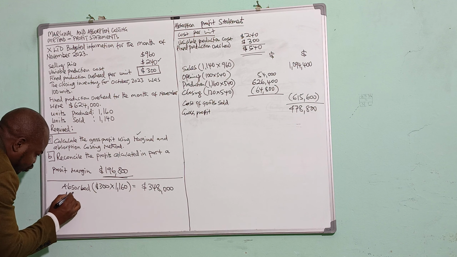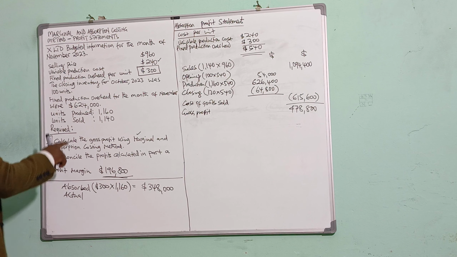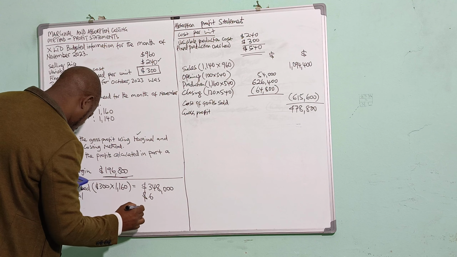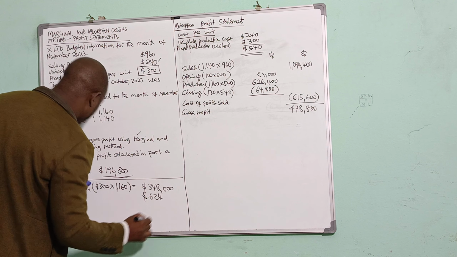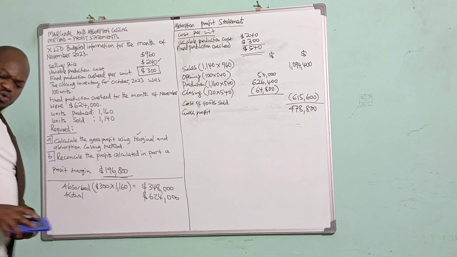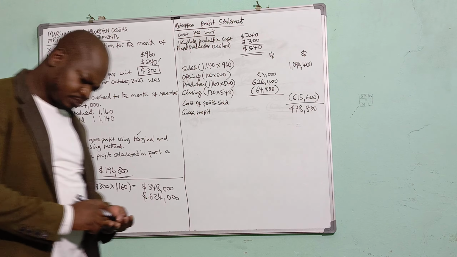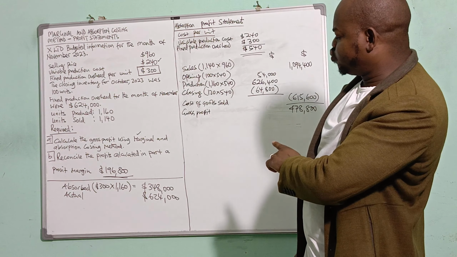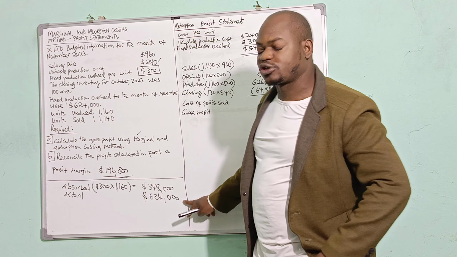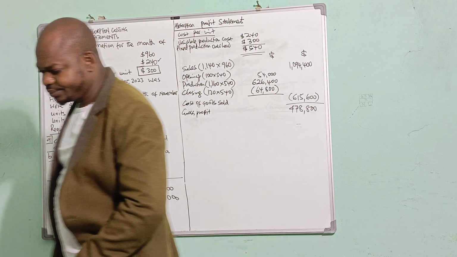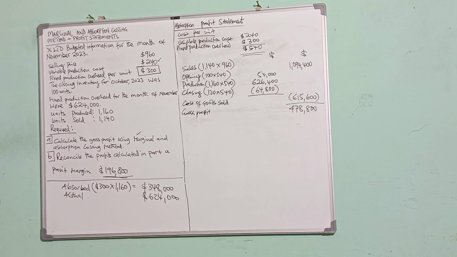and the actual is what? How much was spent? $624,000. So look here. If you observe carefully there, the absorbed is less than the actual. So we'll call this the under absorbed, because the absorbed is less than the actual.